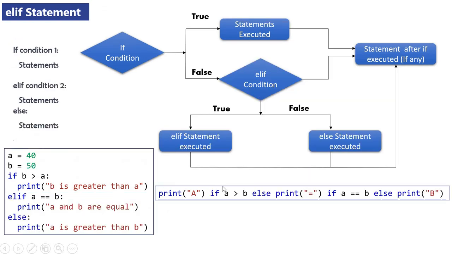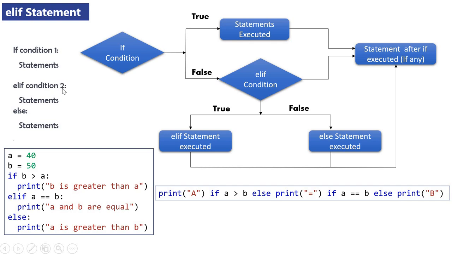The next thing is elif. Elif contains two conditions, right? How? If condition 1 is true, then the statement under it will be executed. Else if condition 2 is true, in that case the statement under this will be executed. So there are two conditions and two statements. We check the first condition, and if it is true, then this statement will be executed.